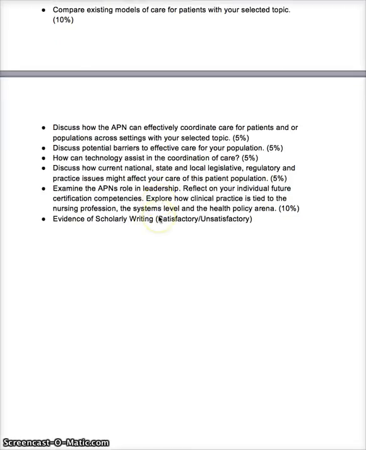And then looking at the role in leadership in how you can address this disease. Is it you could change the policies within your clinic, how patients are treated, and again, this evidence of scholarly writing consistent with the graduate level.